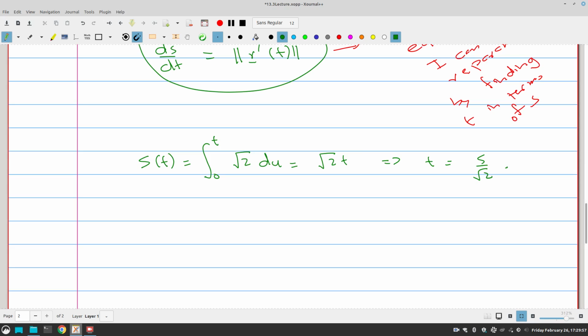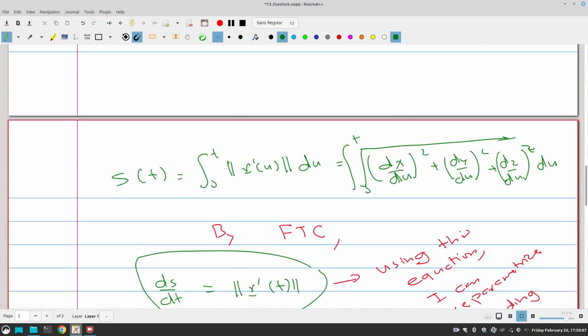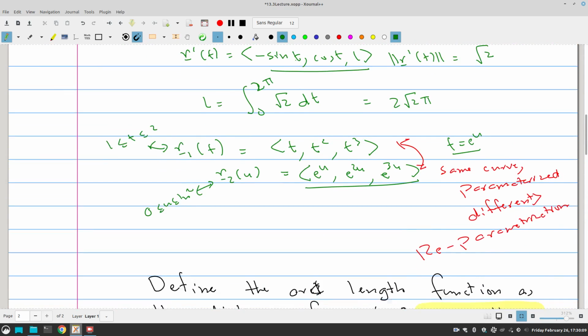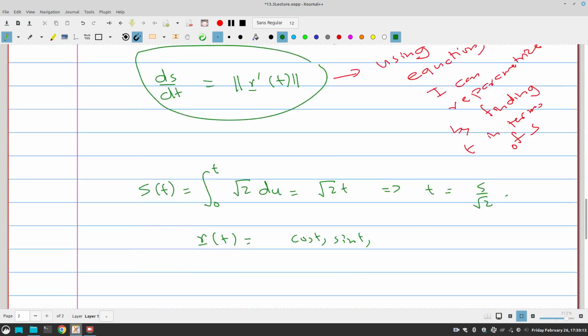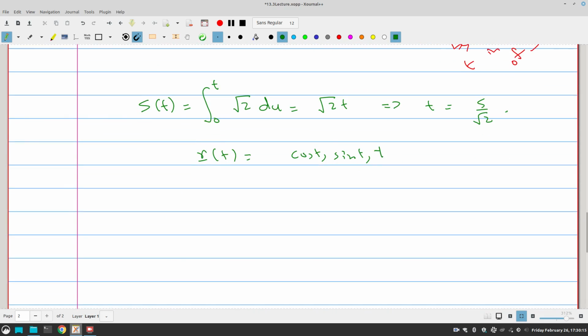So r of t, remember, was equal to cosine t, sine t, and t. But r of t can also be written in terms of s, r of t of s.